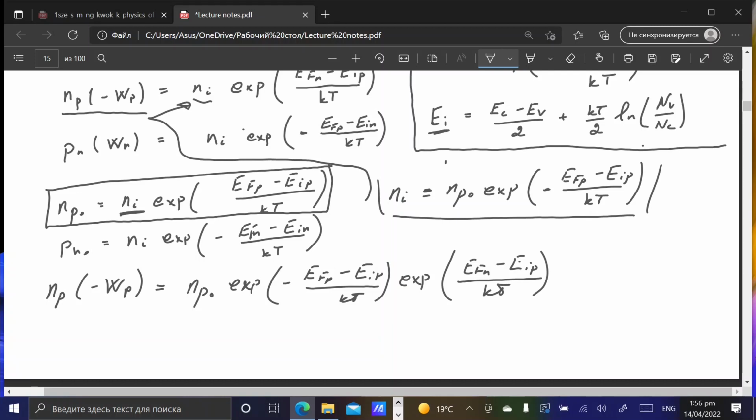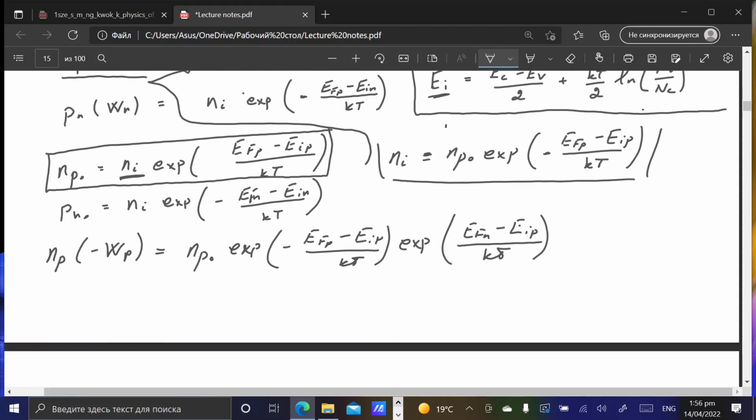So now what we have here, these guys will cancel each other. So this and this. And eventually it will be Np naught times exponent EFN minus EFP divided by KT.